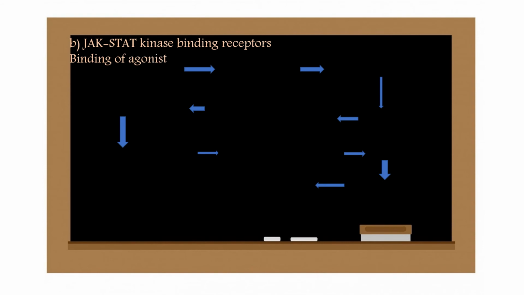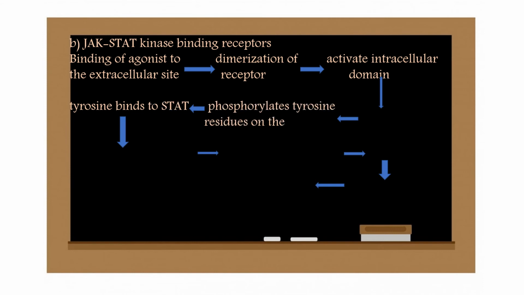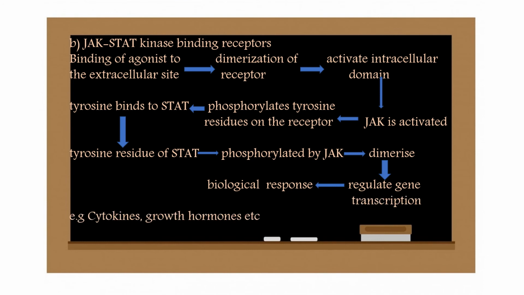So binding of an agonist to the extracellular site induces dimerization of the receptor, which activates the intracellular domain to bind free-moving Janus kinase molecules, and JAK is activated, which causes phosphorylation of tyrosine residues on the receptor.